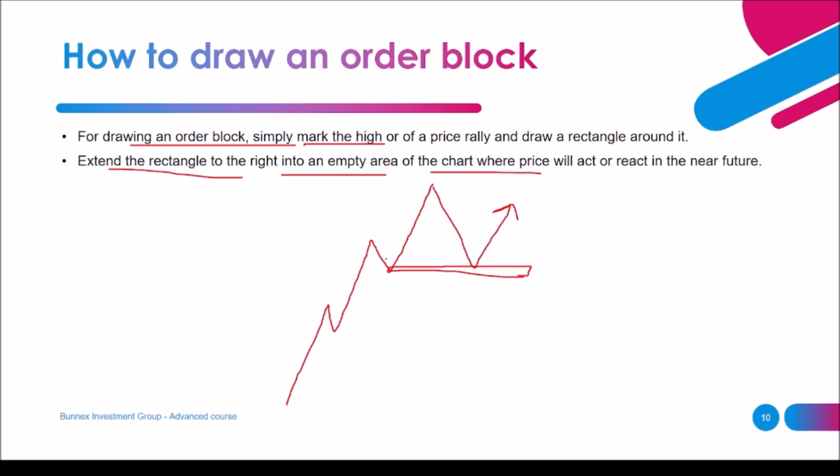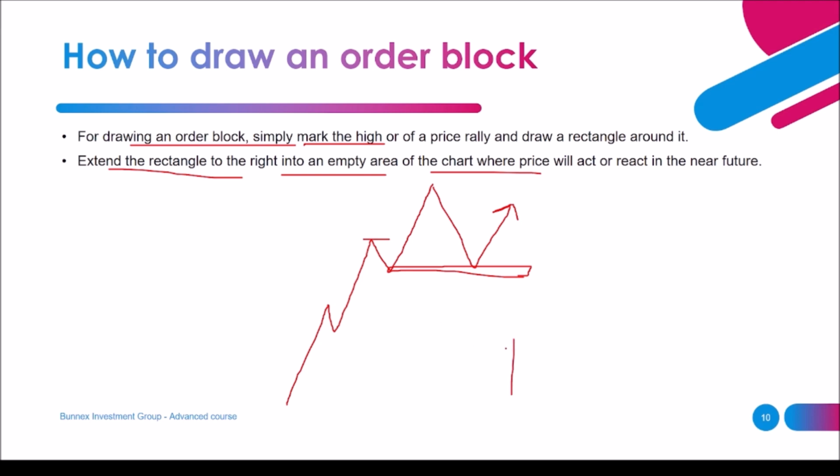So as this move is being done from this point to there, we usually have the last red candle, right? So an order block is actually taken from the high and low of the last red candle in an upward trend. So it's the last candle before the market makers actually get into play.